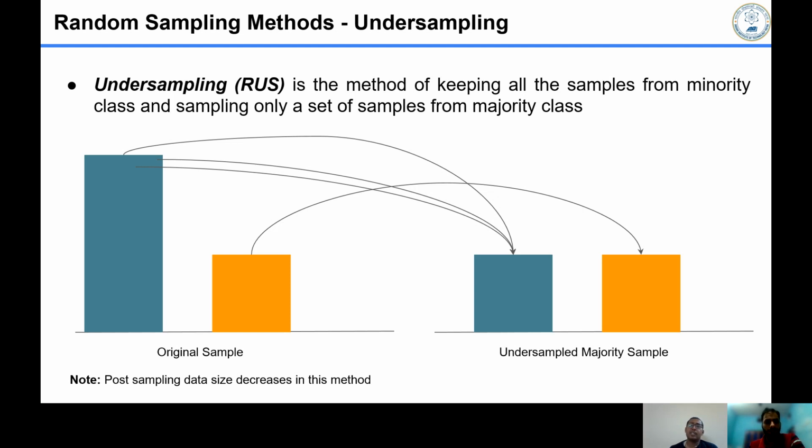Point to note here is, given we are selecting only a few samples from majority class, we might miss important data patterns. Also, the sample size for undersampled data is less, and hence it is easier to build a model with reduced data size.